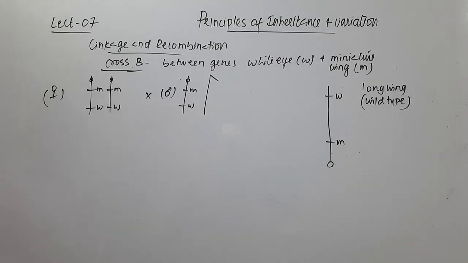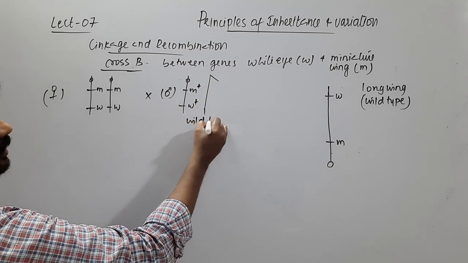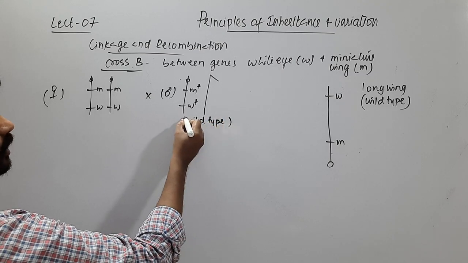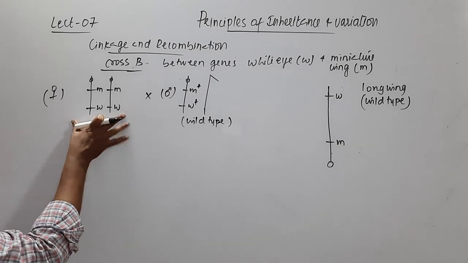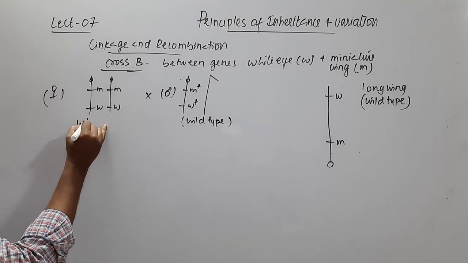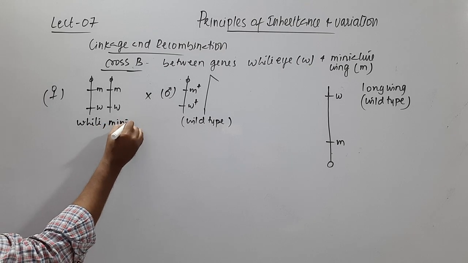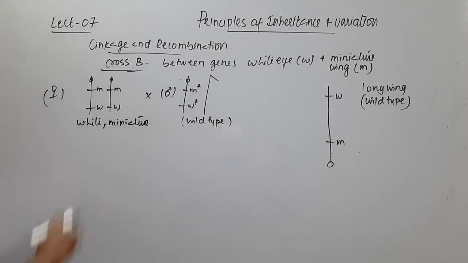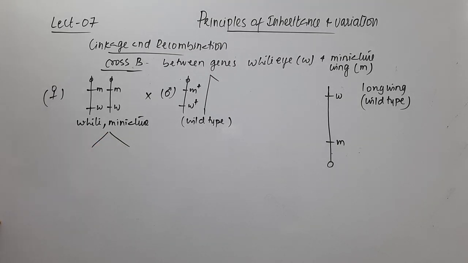In the case of the male I'm going to take the wild type. So this is plus plus, the wild type, and this will be the mutant form, which is white eyed and miniature wing. Let's see the gamete formation here.